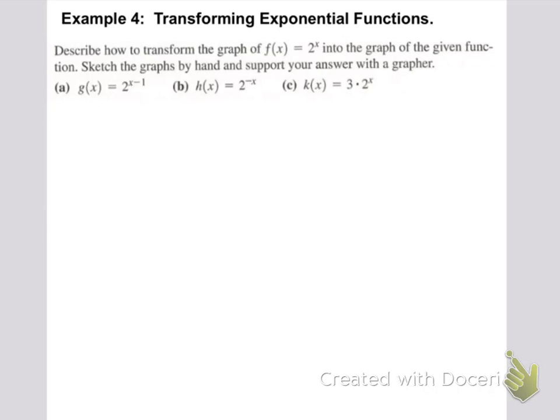So g of x equaling 2 raised to the x minus 1. So what are we going to be doing here? What we're doing is we're subtracting 1 from the x. So if we add to the x, go left. If we subtract, we go right.